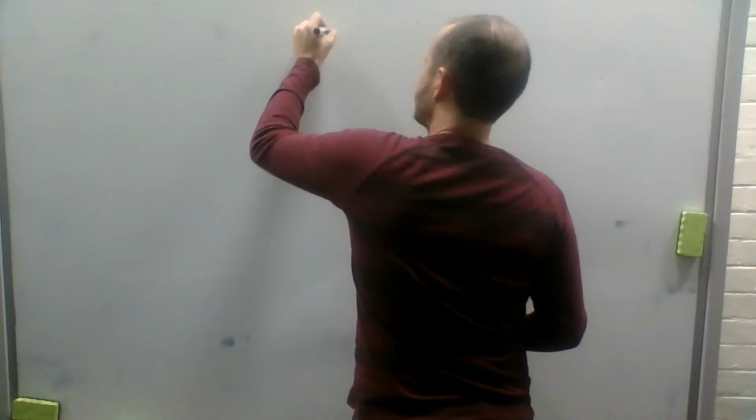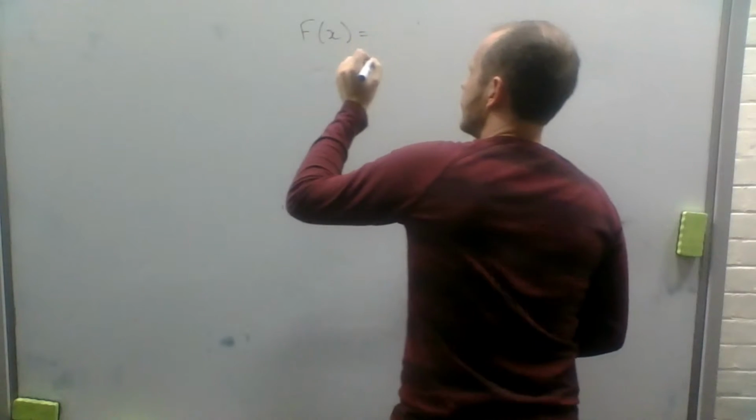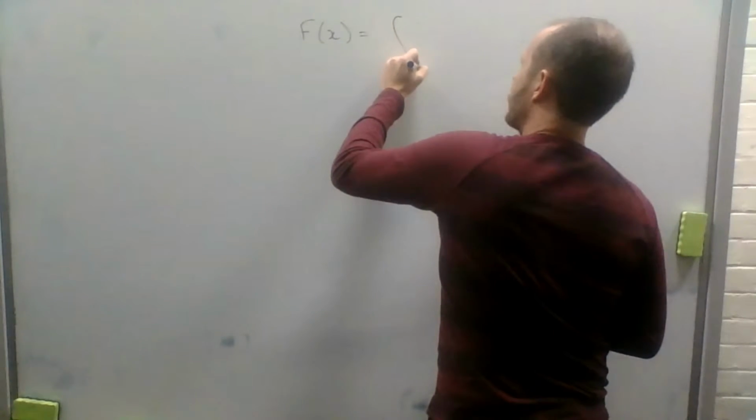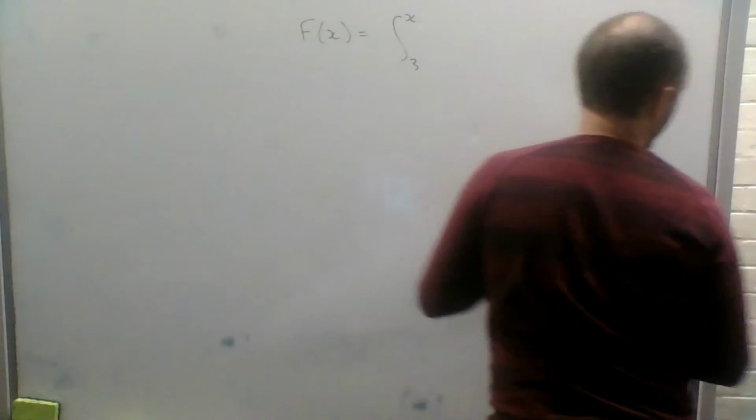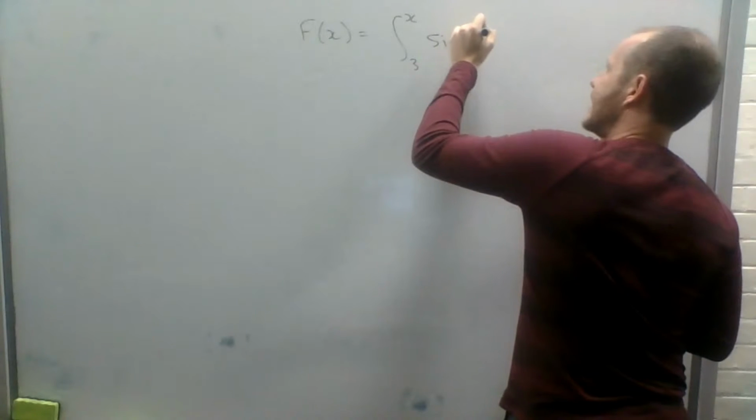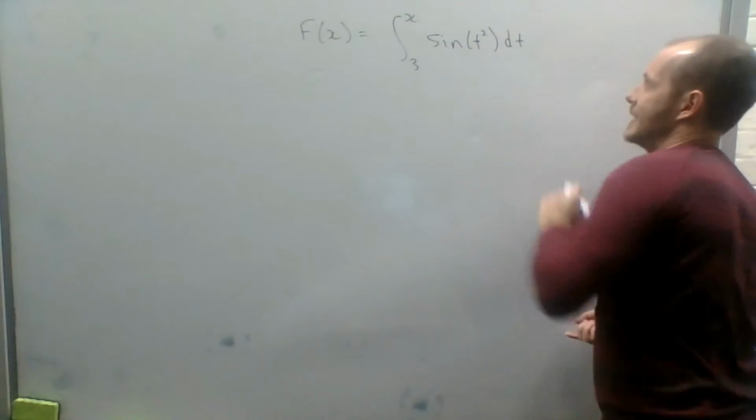Let's say that we've got capital F of x. It could be capital F of x, it could be capital G of x, it doesn't really matter. So capital F of x is equal to the integral from 3 up to x of sine t squared dt.